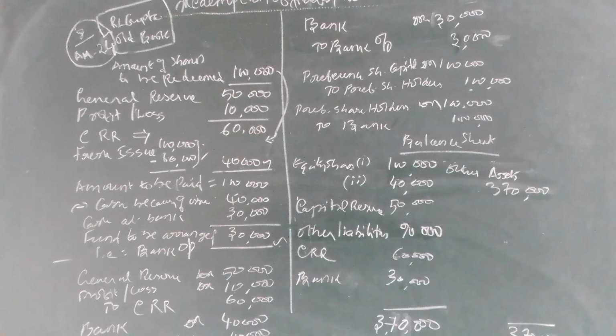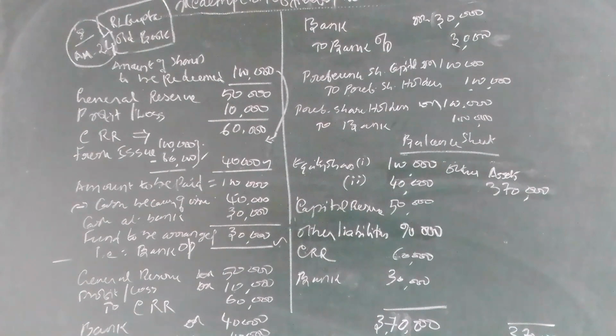So CRR is raised based on general reserve and P&L account, 60,000. The total amount to be redeemed is 1 lakh and redemption out of profit is 60,000. The balance of 40,000 is redeemed out of fresh issue. So equity shares are issued to the general public.